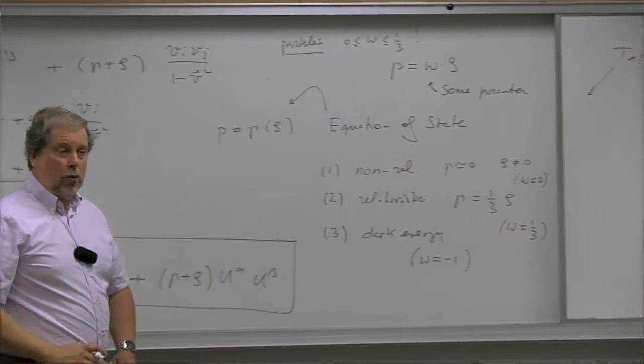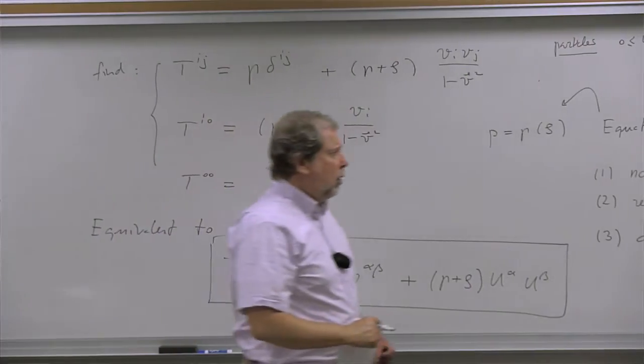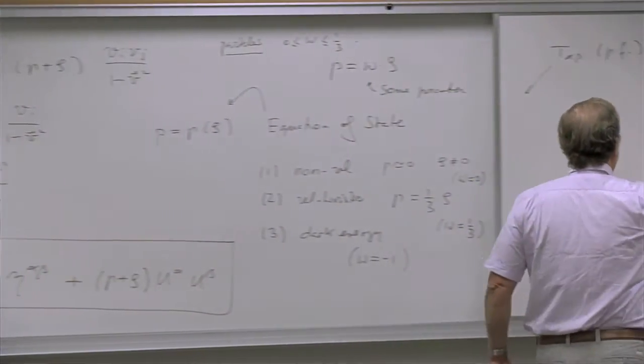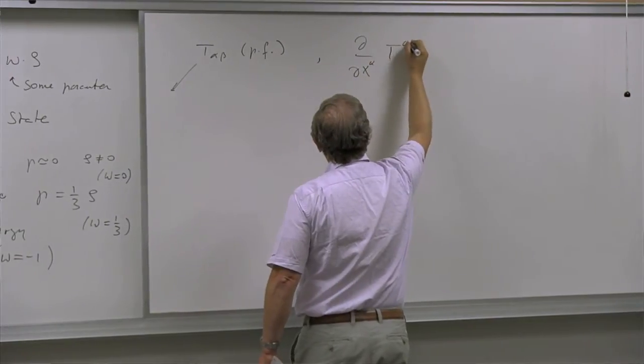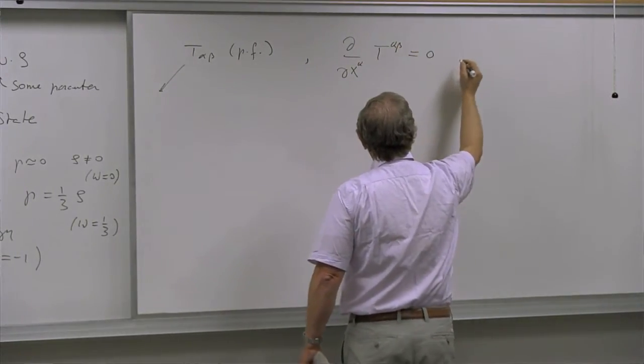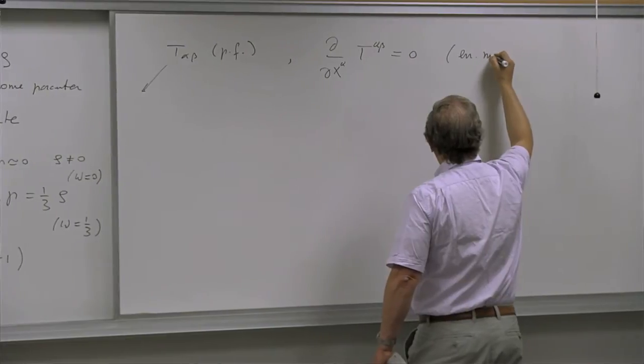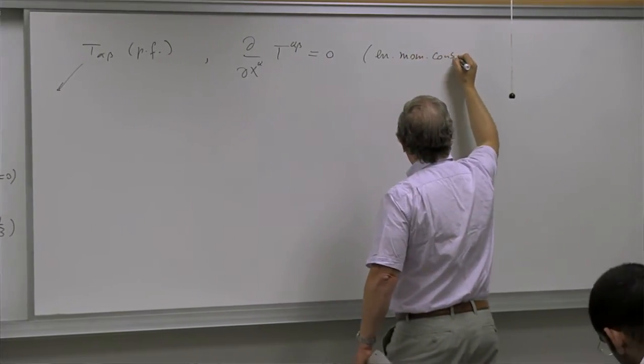The other thing that we usually tend to impose is that d by dx alpha of T alpha beta is equal to 0. And so that is energy momentum conservation.